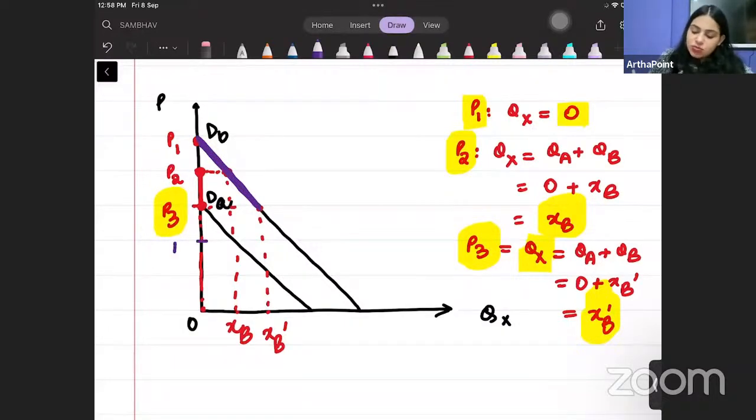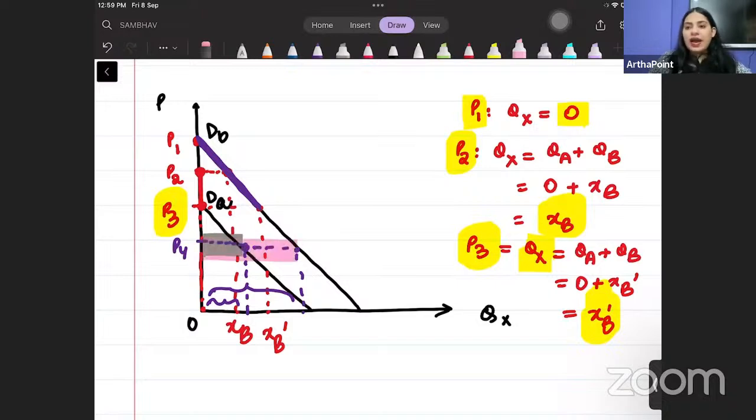Let's take the price to be P4. At P4, individual A is demanding this much, and individual B is demanding this much. So I have to add what is being demanded by A and what is being demanded by B. I have to add both of these.